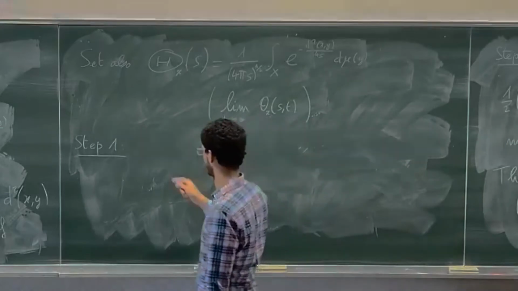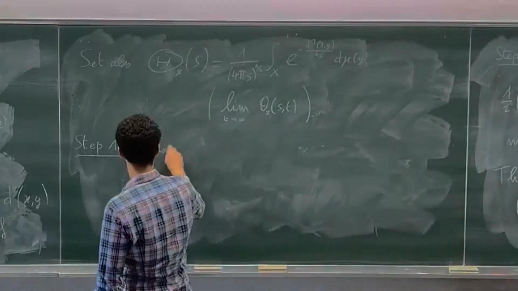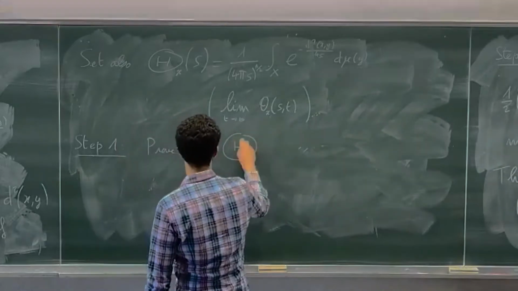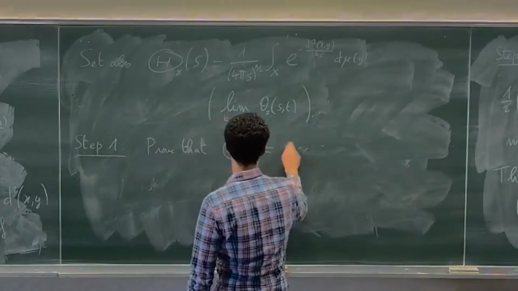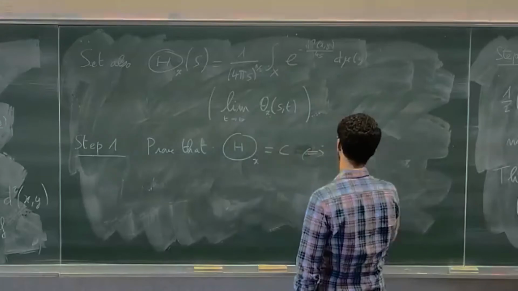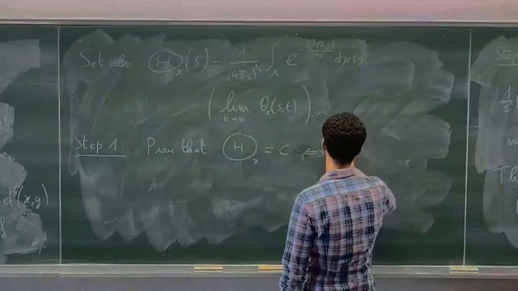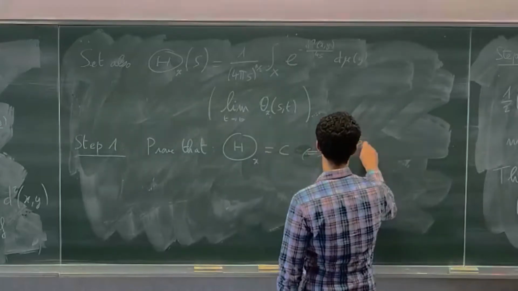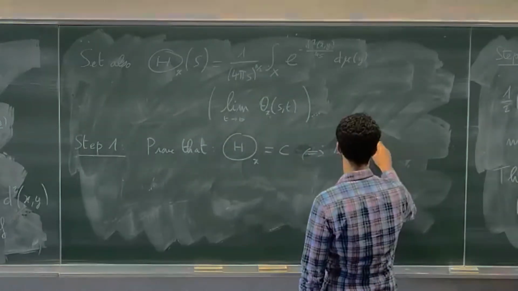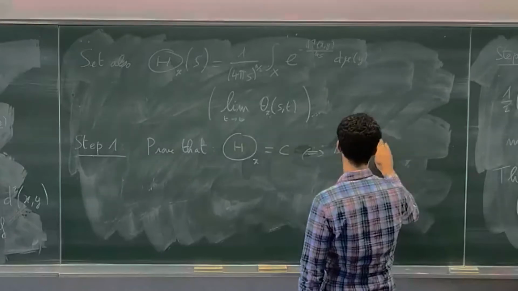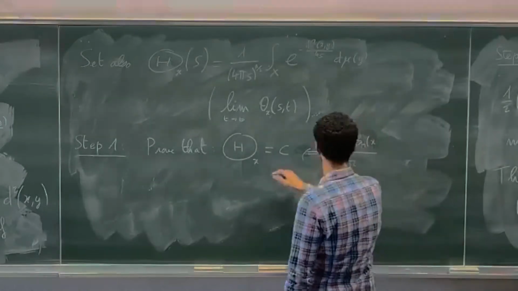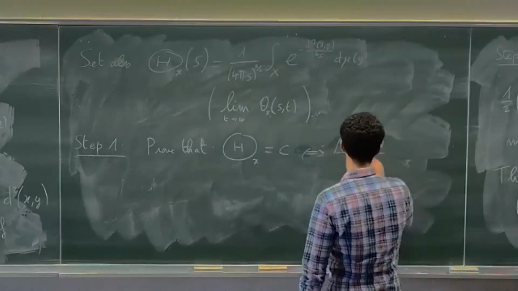So step 1 is to prove that if big Theta_x is equal to a constant, then the volume ratio, mu(B_r) over r^n, is constant. In fact, this is a general fact.